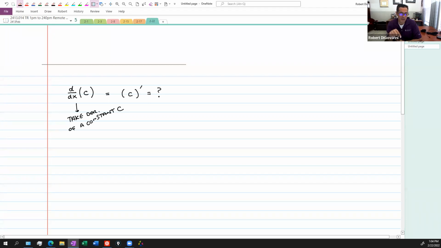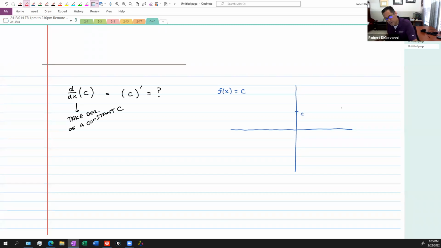I'm going to prove the answer graphically. If we were to think about what a constant function looks like, if we take a function f(x) equals some constant c, that should be a horizontal line, shouldn't it? It's always the same value. So whatever c is, the graph of this function should be flat like this.